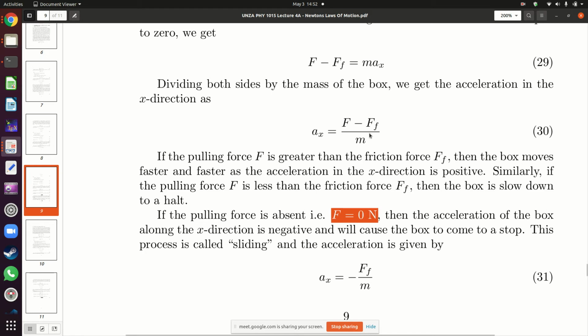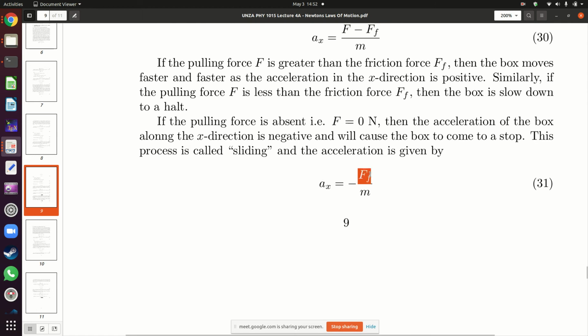So the only force present when an object is sliding is the friction force. So this F is equal to 0. You put a 0 here minus F, and you end up having a negative friction force divided by the mass. This negative friction force divided by the mass is going to give you a negative acceleration. When you get a negative acceleration, it means that the velocity of your object, which is sliding, is going to slowly reduce.